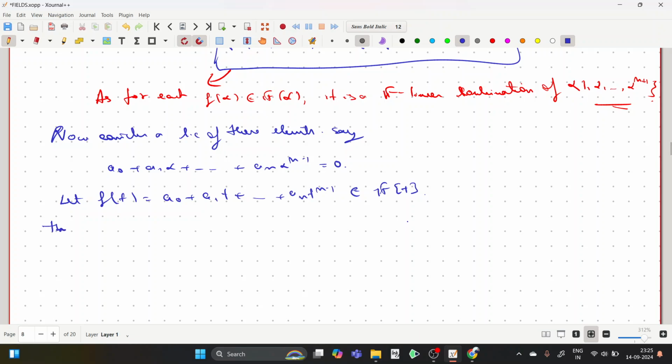But then f of alpha is 0, but the degree of f is less than the degree of p, and p is given to be the irreducible of alpha over F. So this implies p divides f, but the degree of f is less than the degree of p, therefore a contradiction.